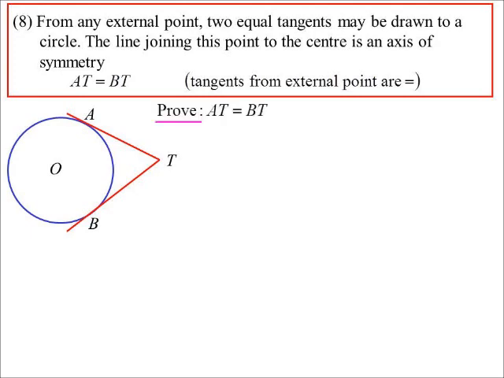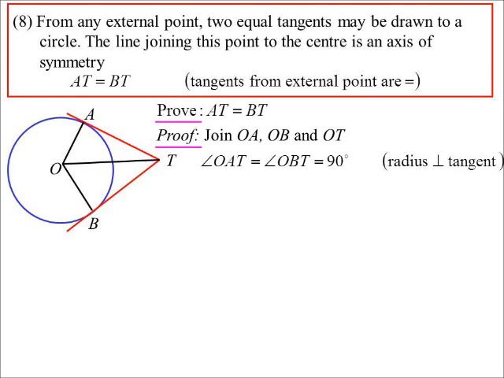So I'm going to join up a couple of radii and also join that external point to the centre, creating two triangles. I'm going to use congruent triangles again. So we know what we just proved: angle OAT would be 90 degrees, but so would OBT, radius perpendicular to tangent.